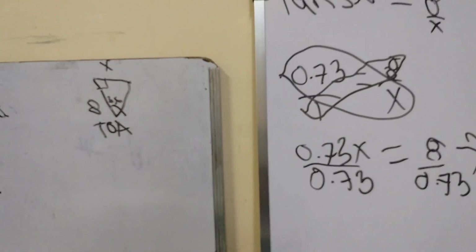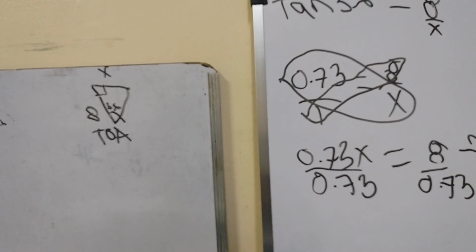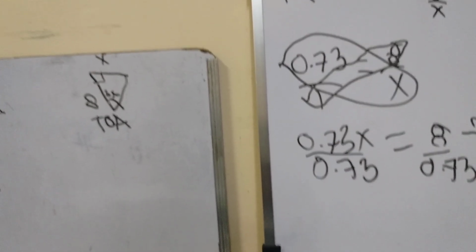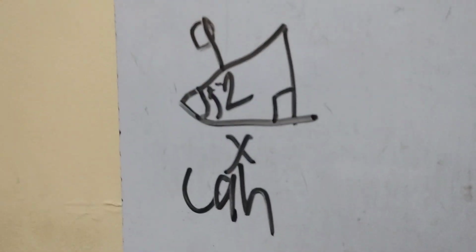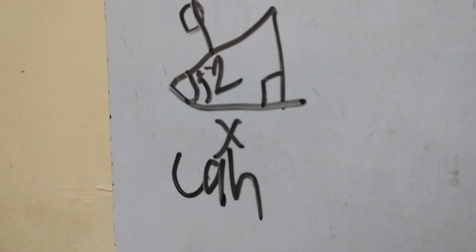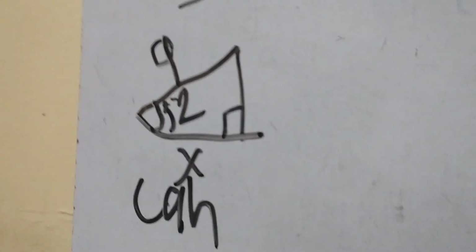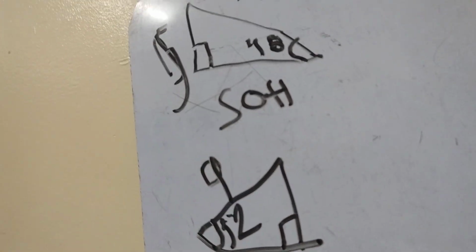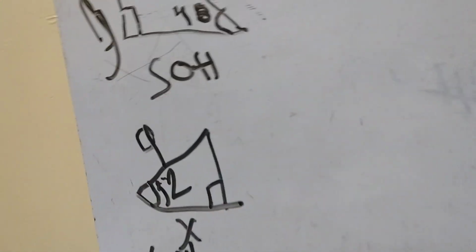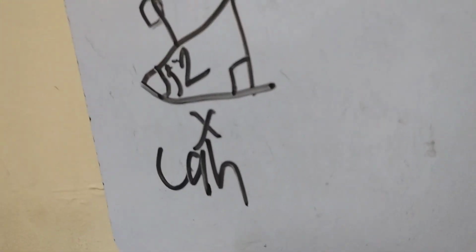So yeah, let's proceed with Ka. Now proceeding to Ka, our angle value would be 32. That is not 12. That is 32. And the value of hypotenuse would be 9. Value of adjacent is nil, which is x.